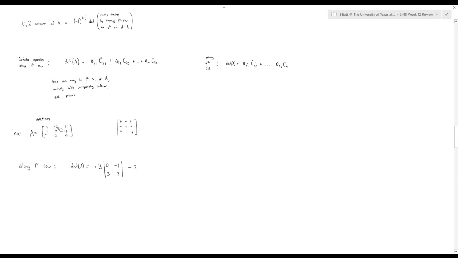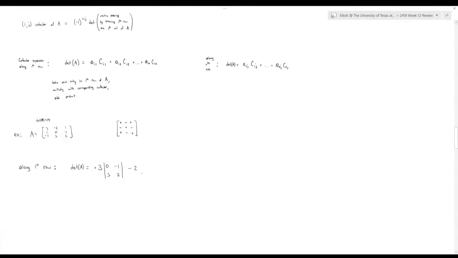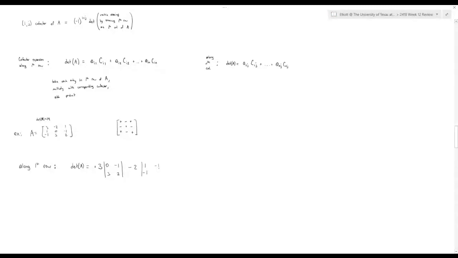So when I move to this entry, the -2, I will cross out the first row and the second column now. And that's going to leave me with this and that. So let me write those numbers down first. Now also for the sign here, for this second entry, there's a minus sign in front as well for the cofactor.